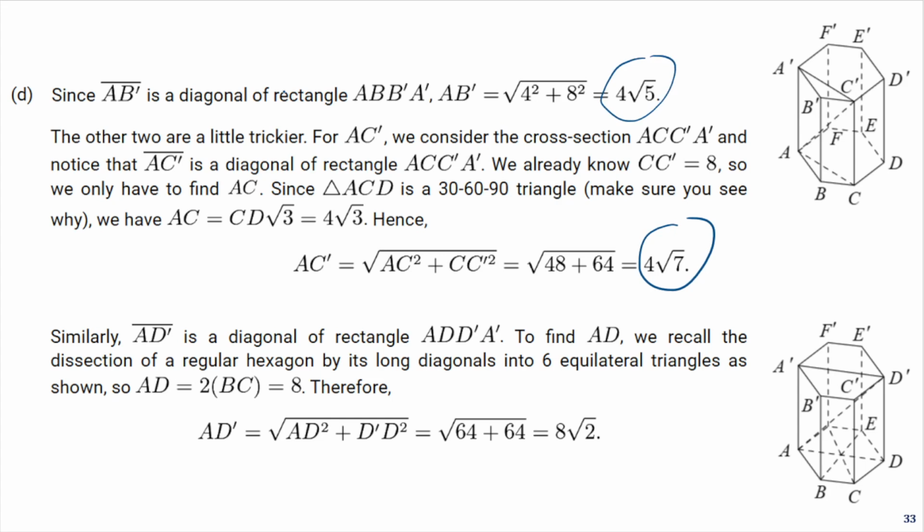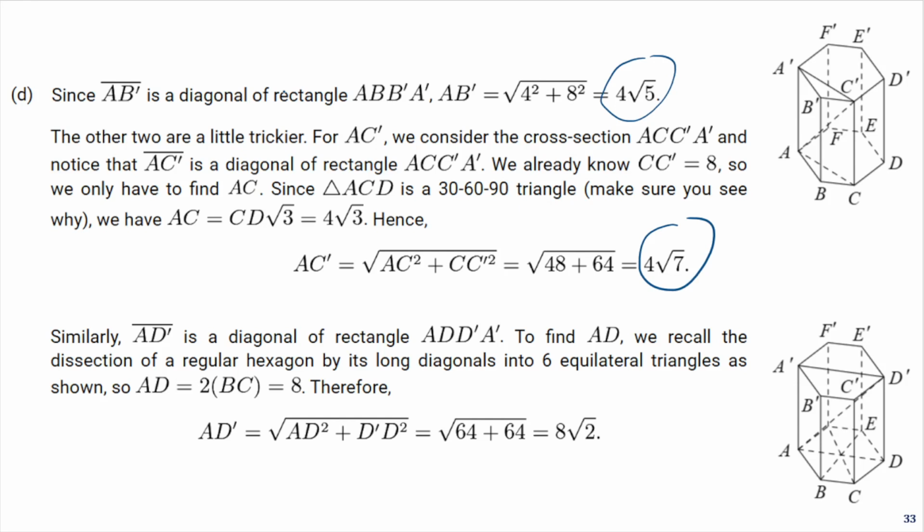Okay, last, we're trying to find AD prime. Similarly, AD prime is a diagonal of rectangle ADD prime A prime. To find AD, we recall the dissection of a regular hexagon by its long diagonals into 2 equilateral triangles as shown. So AD equals 2BC, which equals 8.